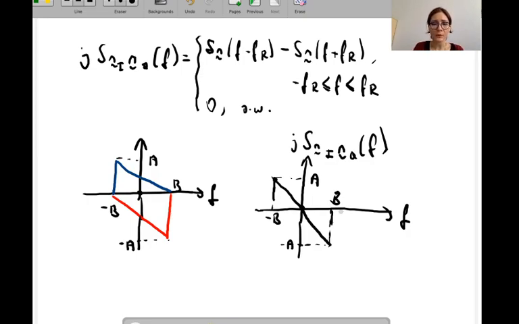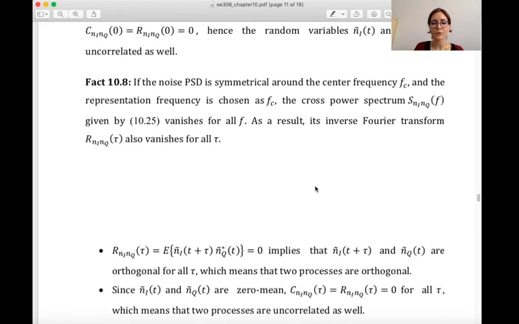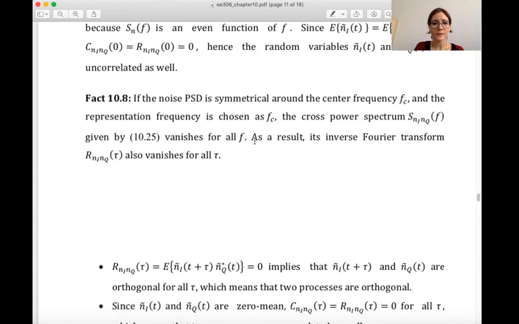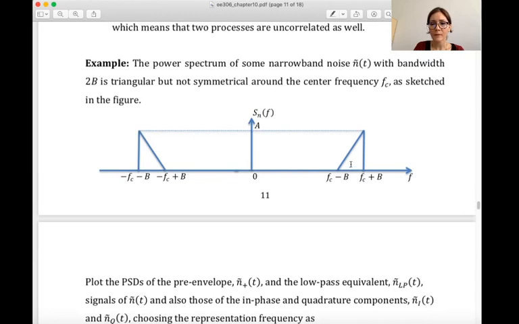And why is that so again? It's because the symmetry assumption is not met here. So the first assumption, that the representation frequency is chosen as Fc, is met. This is what we indeed did. But the PSD is not symmetrical around Fc in our example. Why? Again, remember, Fc is in here. We have this, just focusing on this shape, it's not symmetric around Fc.